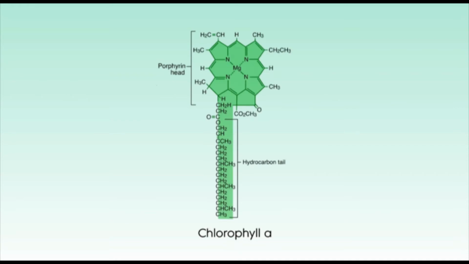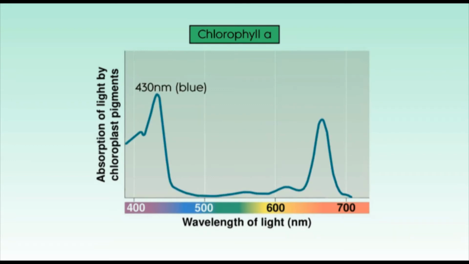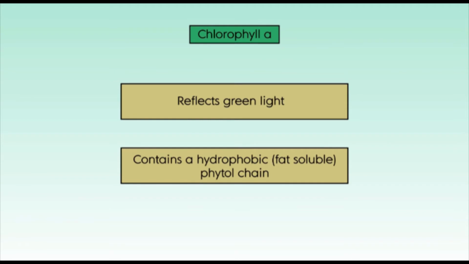Chlorophyll A is the most abundant pigment in plants. Chlorophyll A absorbs light with wavelengths of 430 nanometers, which is in the blue range, and 662 nanometers in red. It reflects green light strongly, so it appears green to us. It contains a hydrophobic, fat-soluble phytol chain that allows it to be embedded in a lipid membrane.